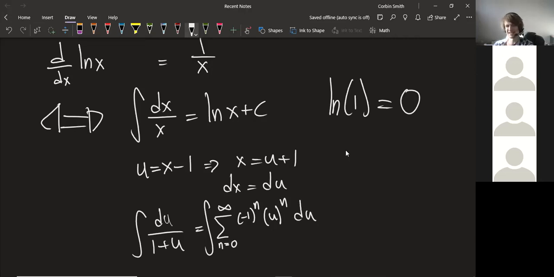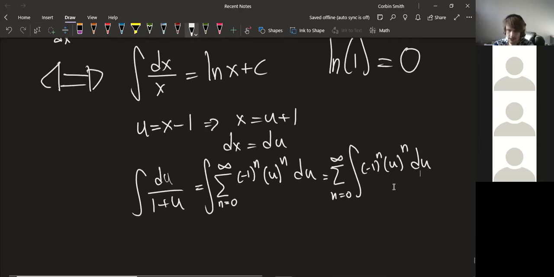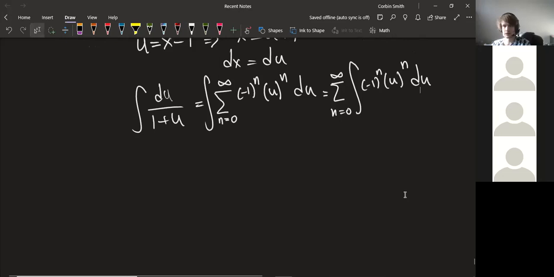So again, we're skipping all of the details about convergence and continuity, but since the series for 1 over x is uniformly convergent, we can switch the integral and the sum sign. If this was a finite polynomial, that wouldn't be a problem, but this is not a finite polynomial, so we have to worry about things like that. But at the same time, you're high school students, so you don't have to worry about things like that. When you get to real analysis class, then you can worry about things like that. So we can just integrate term by term.